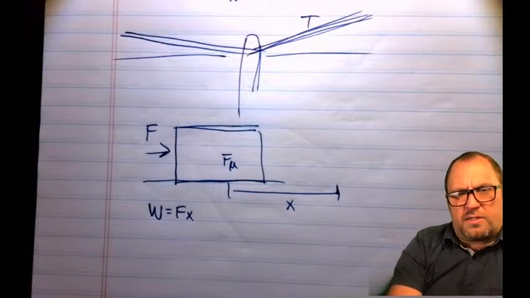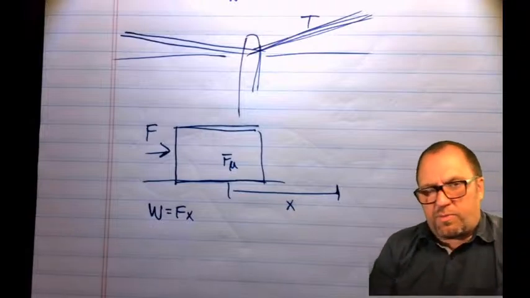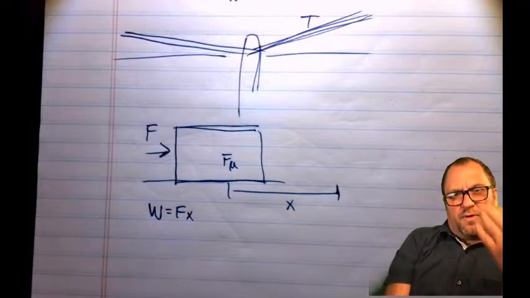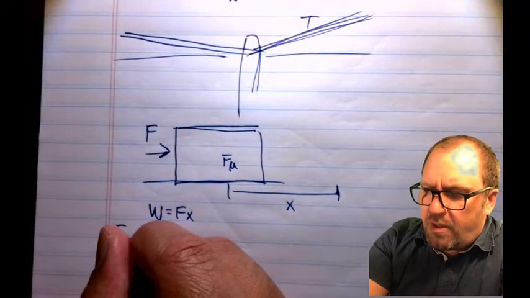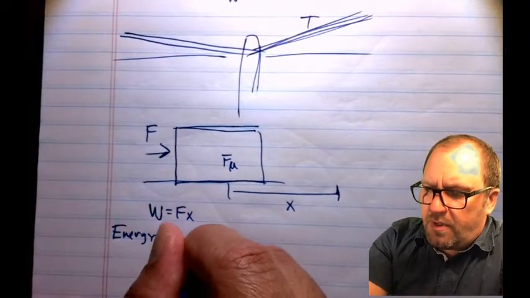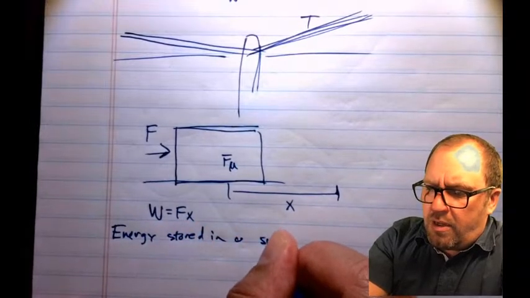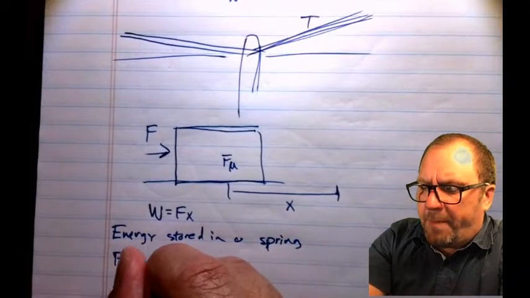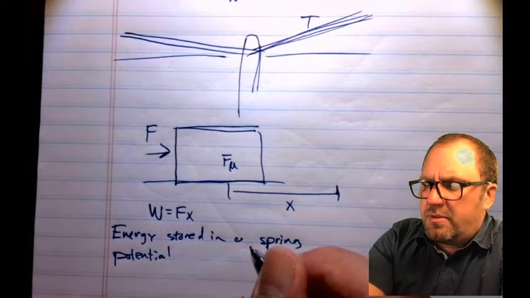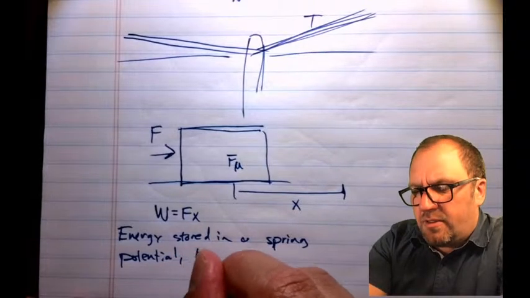We talked about things in the homework with springs. How do we find the energy stored in a spring? Energy stored in a spring. And in general, potential energy, and also kinetic energy.